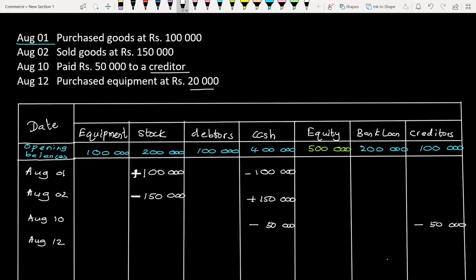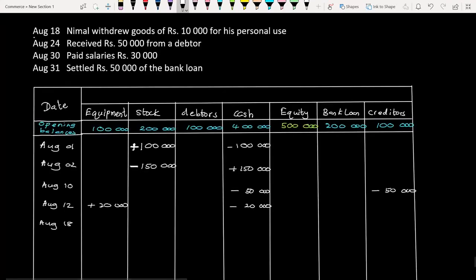And on the other hand, cash decreases by 20,000. So in the column of equipment, we write plus 20,000. Then in the cash column, we write minus 20,000.